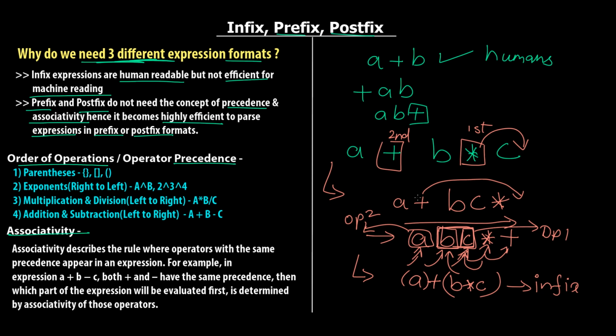Okay. If this is sounding a little confusing, as we move ahead in this course, we will see more conversions and more details about how we can convert infix to prefix to postfix and vice versa. Just note that prefix and postfix do not need the concept of precedence and associativity. Hence it is highly efficient because then we don't need to store any extra information when we are evaluating arithmetic calculations in different algorithms.